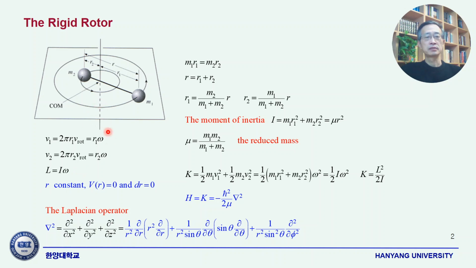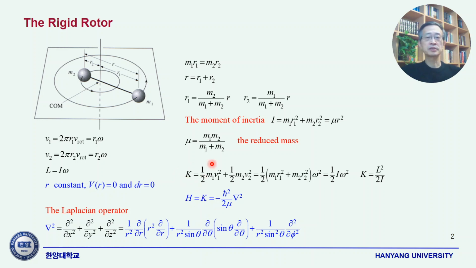Then the relative position is fixed, so the potential energy is 0. And also since R is constant, dR is also 0, so have this in mind. We'll derive the kinetic energy term.